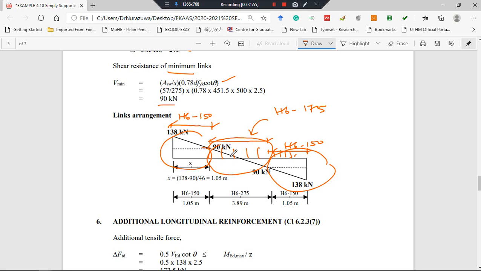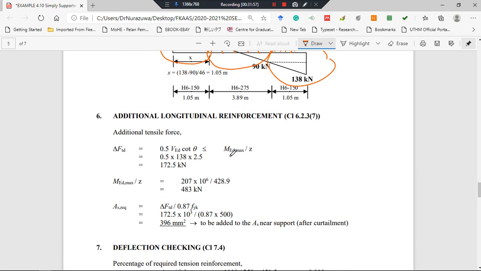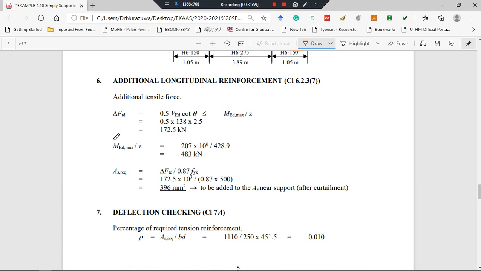So next is the additional longitudinal reinforcement. The additional longitudinal is based on clause 6.2.3 number 7. We first calculate this additional tensile force, which is 172.5. You calculate this one first.